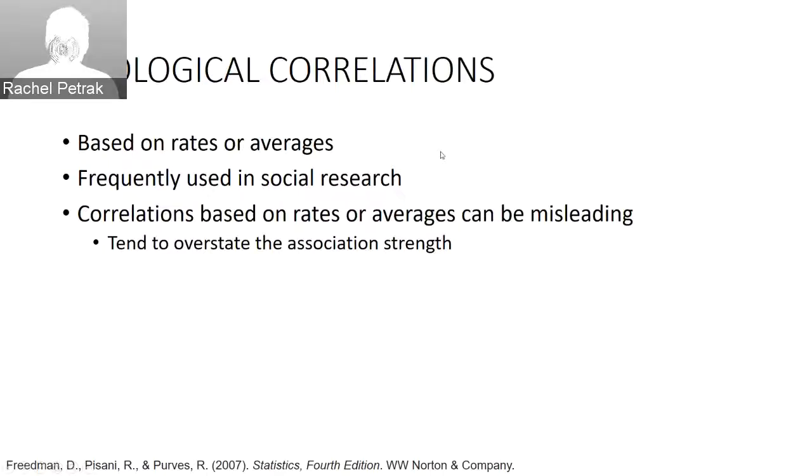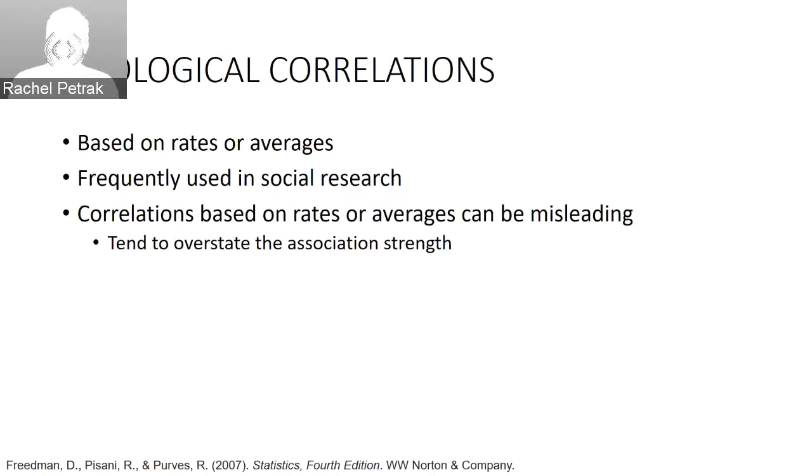We also discussed how ecological correlations are correlations that are based on rates or averages, like infant mortality rate, death rate. These are so common in social research and in health research. And the problem specifically with ecological correlations is that they can be misleading, and specifically, they tend to overstate the strength of the association.